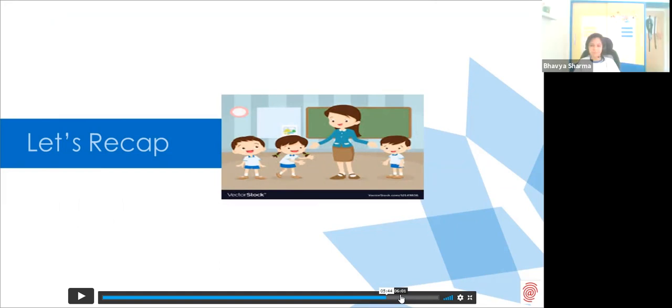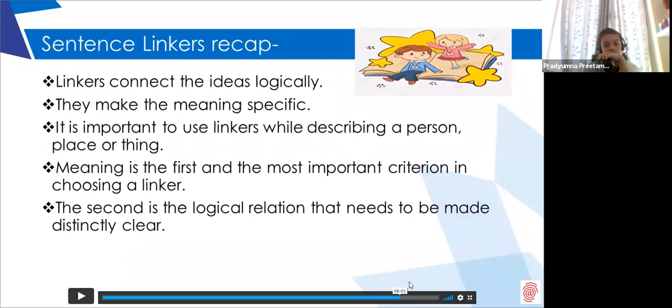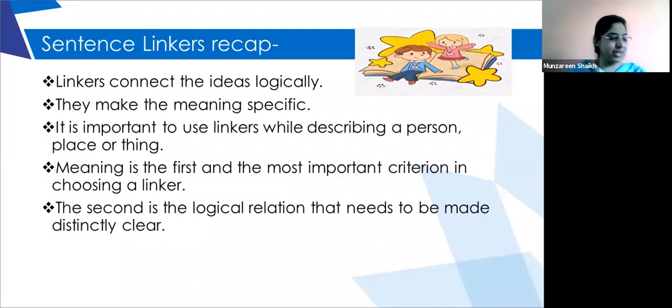Okay, let's recap whatever we have studied in the entire session. First thing, we studied is linkers connect ideas logically. Whenever we want to connect ideas logically, we use linkers. Second, they make a specific meaning.